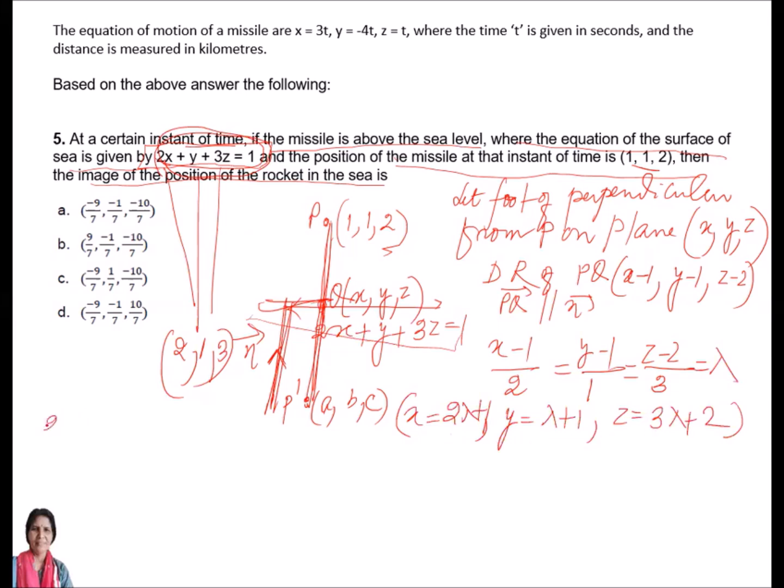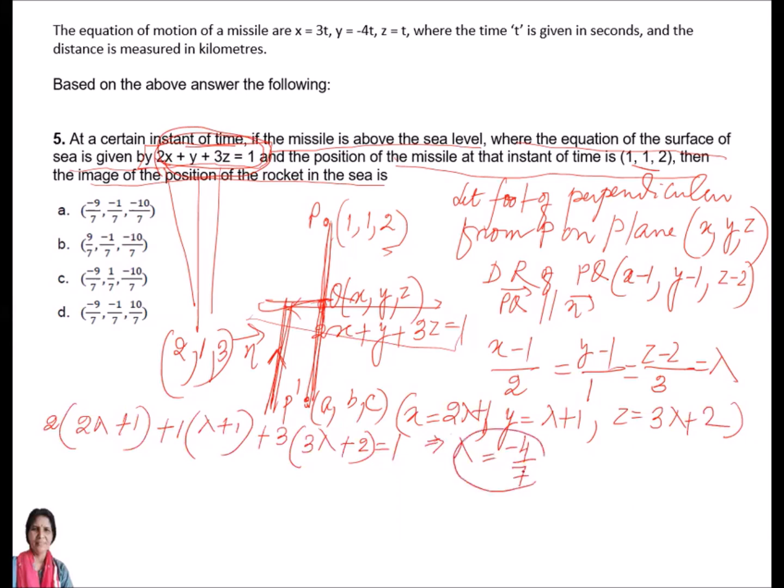So I'll write 2 into (2 lambda plus 1) plus 1 into (lambda plus 1) plus 3 into (3 lambda plus 2) is equal to 1. If we solve it, this gives you lambda is equal to minus 4 by 7.